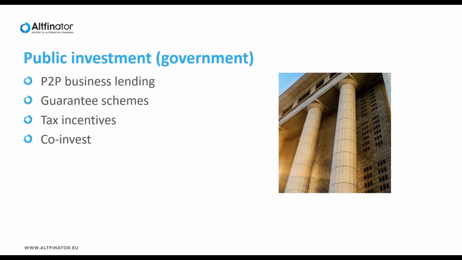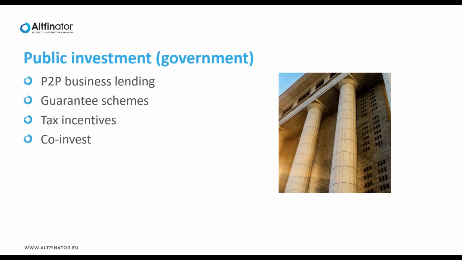So we've now discussed the first element. These were the private investors, but what can the government do in alternative finance? In fact, there are four types of models they can use. Of course, they can invest directly.